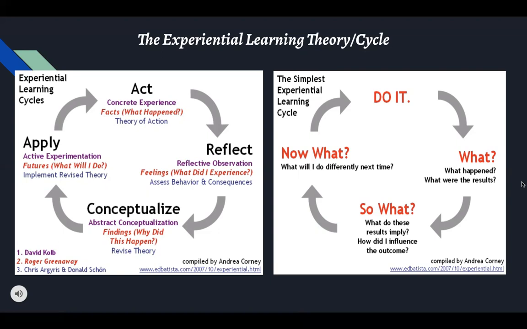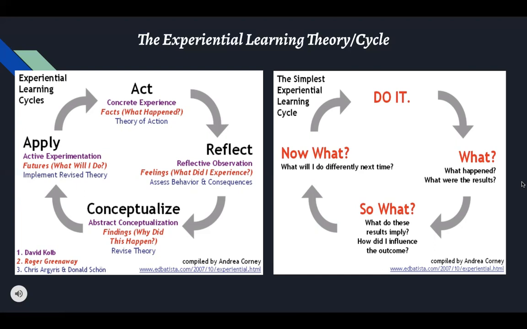Then the next part, we have the apply, which is the active experimentation, okay? We're applying that. We're trying to understand or utilize or connect to what will I do as far as hypotheses, possibly proving that correct, proving it incorrect, applying what you had learned or experienced into finding an answer for that, okay? So that's apply, that's active experimentation.